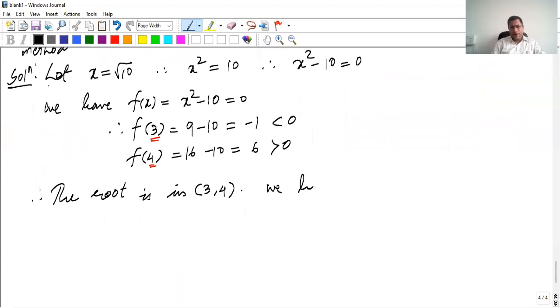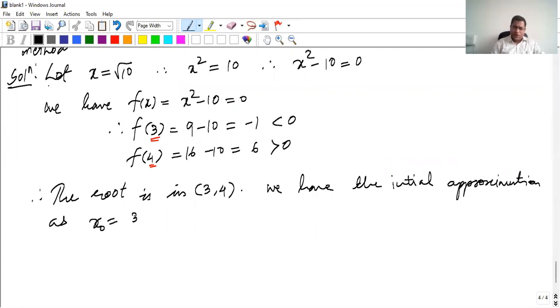So we have the initial approximation. What will be the initial approximation? x0 is equal to (3 plus 4) by 2, and that is going to be 3.5. So we got x0 is equal to 3.5.